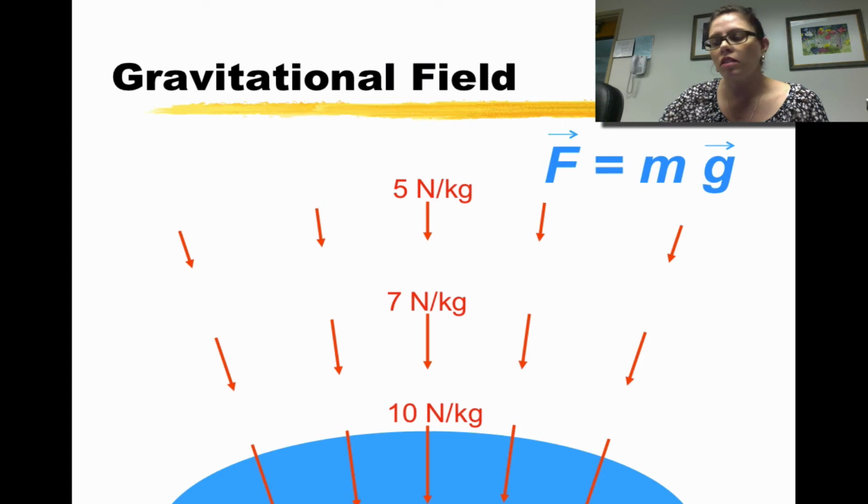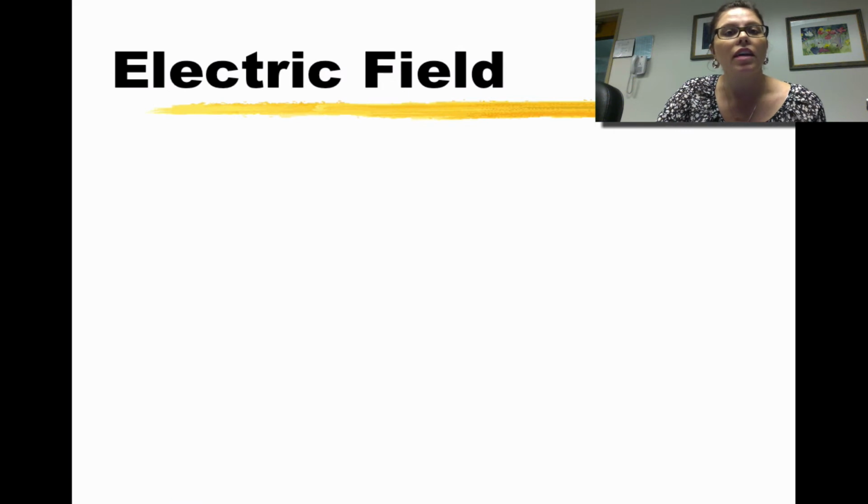And so in this case, g does not stay constant. g changes with how far we are away from the Earth. We haven't ever done that in class yet because we've always been very close to the Earth, so g has always been constant.